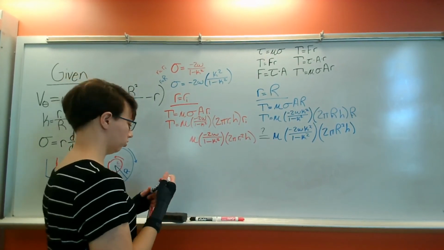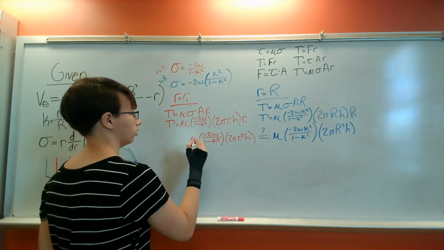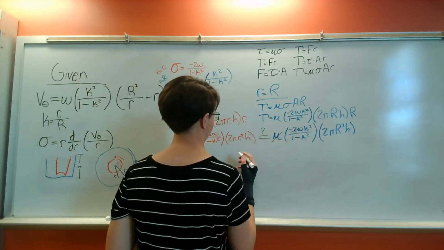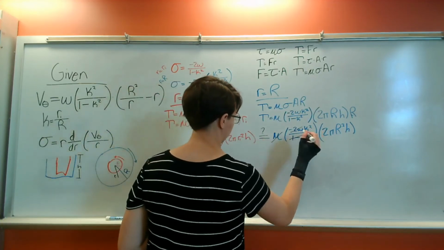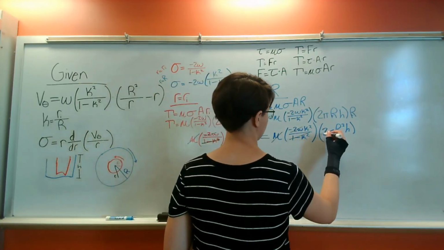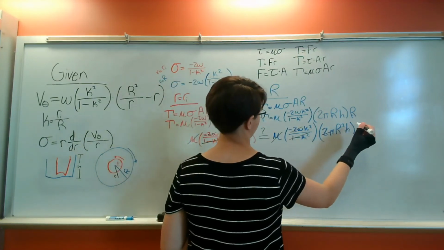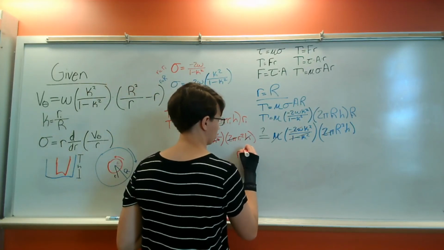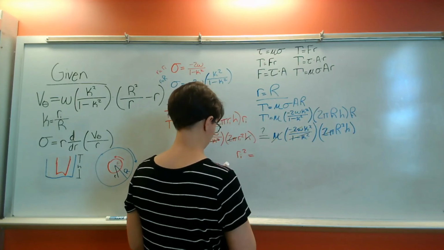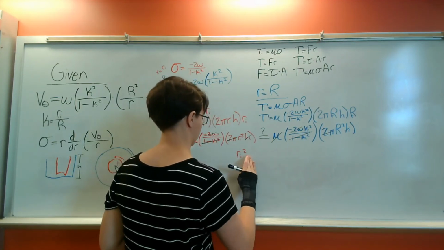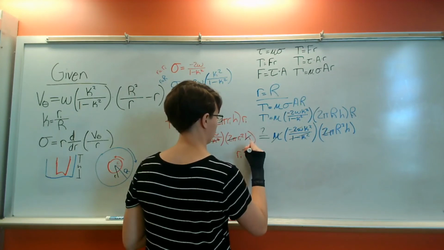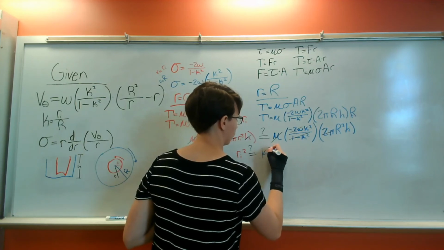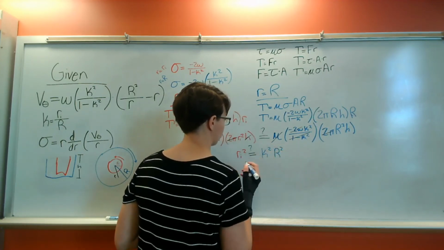Alright, so then you can cancel some things. Mu cancels, -2 omega cancels, 1 minus k squared cancels, 2 pi cancels, our height cancels, and so we're left with inner radius squared is equal to k squared times the outer radius squared.